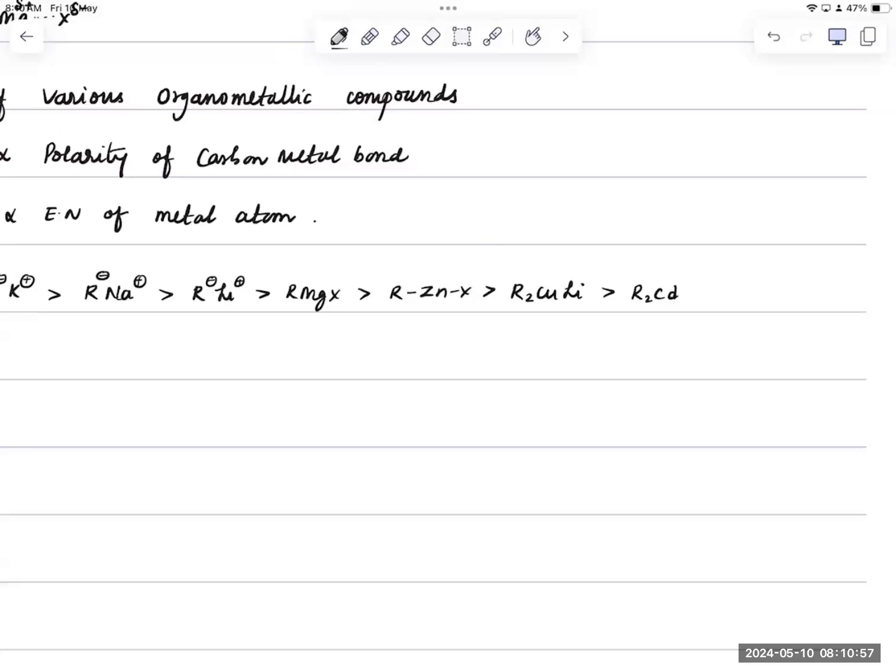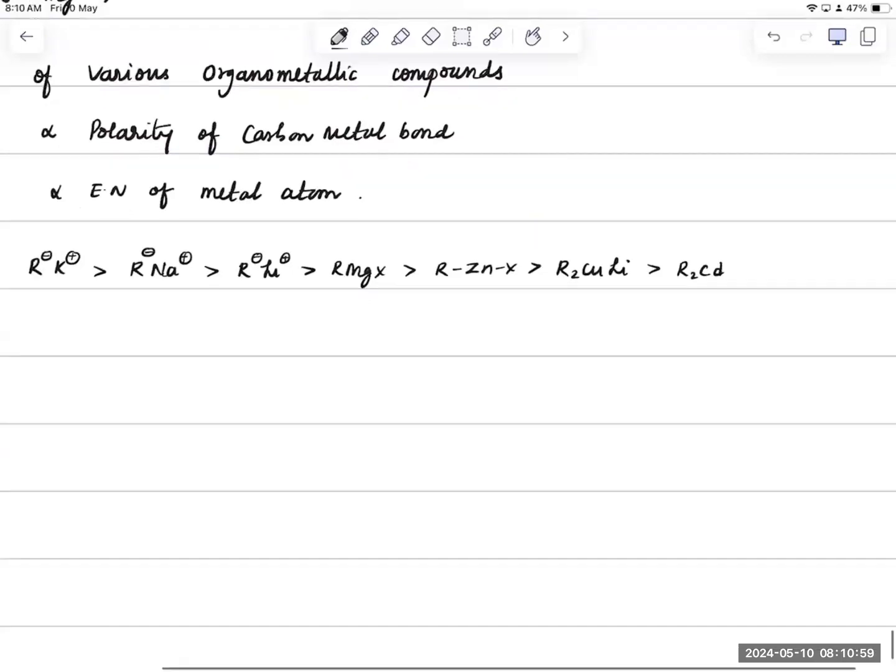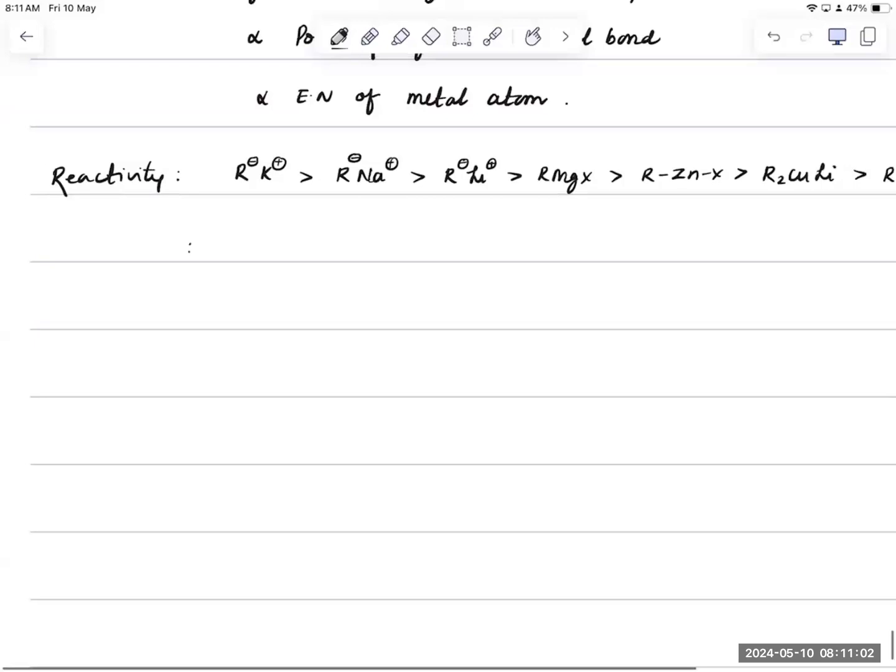Clear? And based upon X, that is the halogen's reactivity, iodide is more reactive than bromide, then chloride. The weaker the bond, the better it is. Clear?